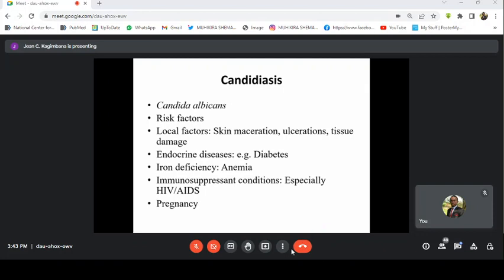Is pregnancy a disease or a condition, a debilitating condition?